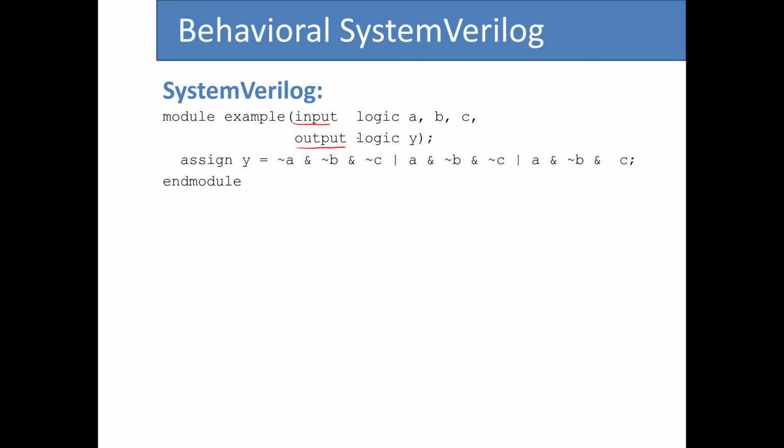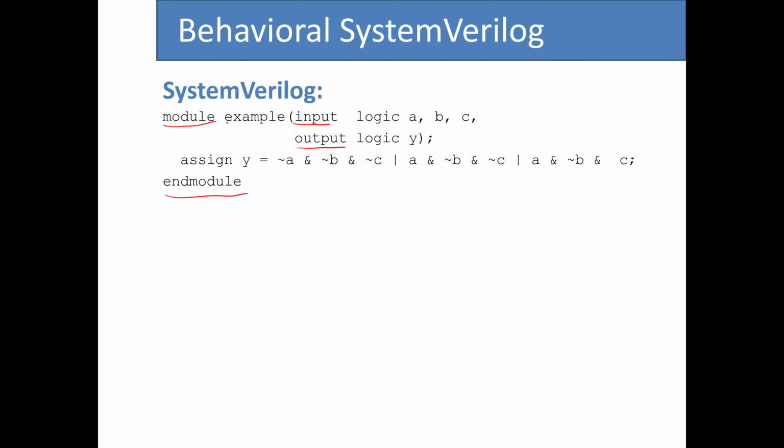Now when we look at the module itself, you see that it confirms that. We have input, we have this logic keyword which we haven't been introduced to before, but we have A, B, C, and then we have output, which is Y. Another thing that we might notice is that we have module and endmodule that specify where the module begins and where it ends.